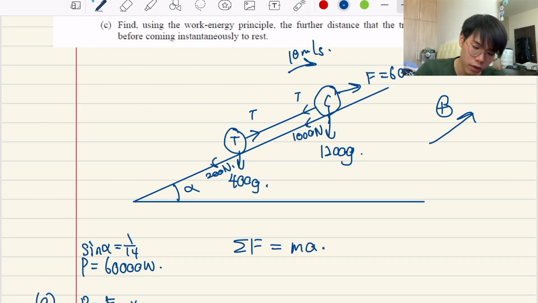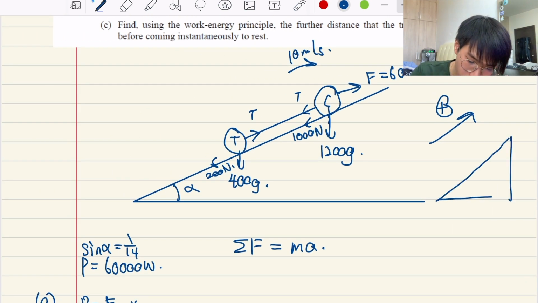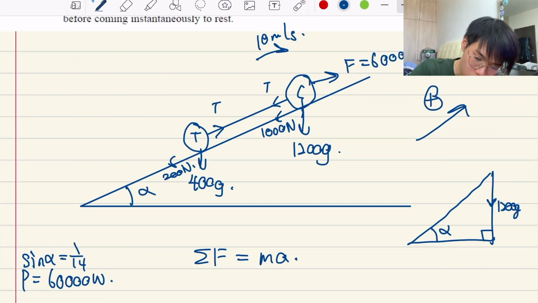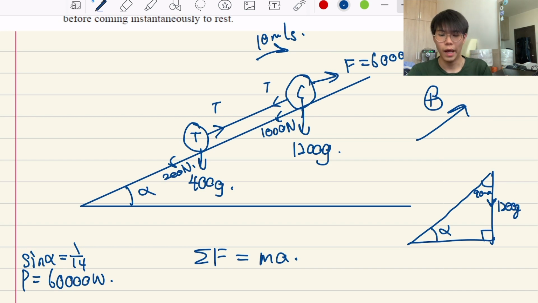How do we find that? Okay, first we draw a right angle triangle, and here we have the angle alpha, and the component going down is the weight, which is 1200 g. So here we know this is 90 minus alpha, right? Because 180 minus 90 minus alpha, so it's 90 minus alpha.